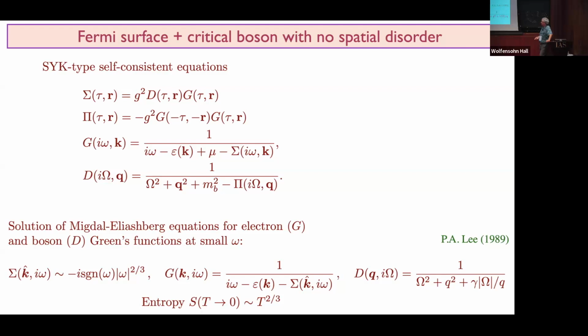What's kind of remarkable is that you can even get the coefficient here exactly, even though these are nonlinear, complicated equations. They have an exact solution, which is in fact more exact than for the SYK model. For the SYK model, there are certain things you can't determine as well.